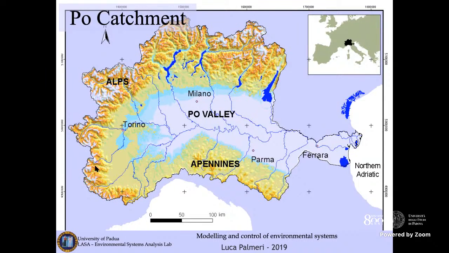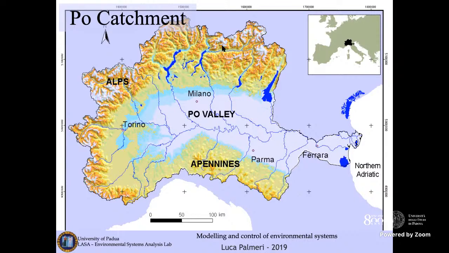These are the sources of the Po River, and these are the main river pathways through the cities of Turin, and then coming out and receiving water coming from the area of Milan and bringing it through the main river pathway down to this point, that is the closure of the basin in Ponte Lago Scuro, Ferrara, that is the place at which we collect nutrient loads data that are useful in order to calibrate the model.